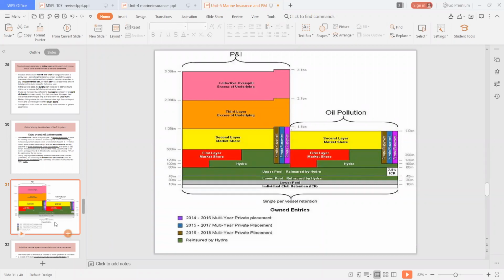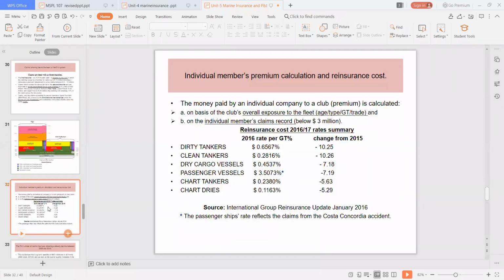So these are some of the diagrams. So individual members' premium calculation and reinsurance cost. Okay. So these are some formulas and calculations that happen in the year.